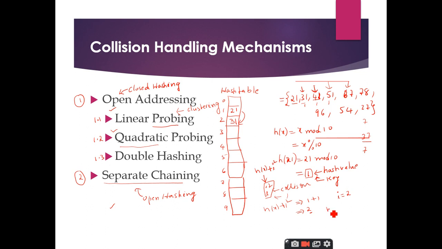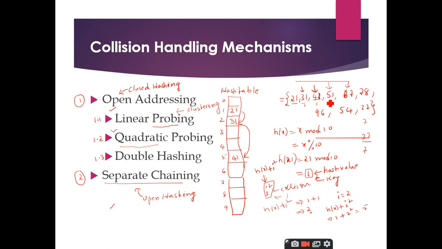The next probe is h of x plus i square. This is my formula. h of x is 1 and i square is 2 square, that is 4, so 1 plus 4 equals 5. After the second location, the next location to probe is 5. 41 is inserted because it is vacant.